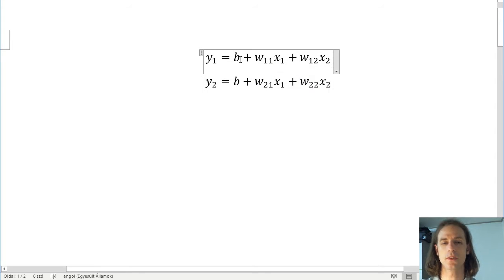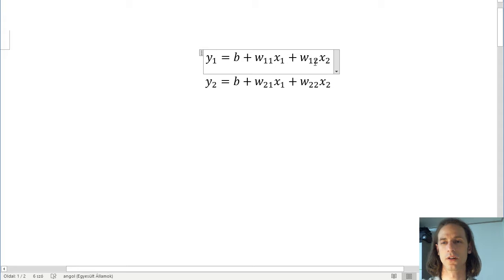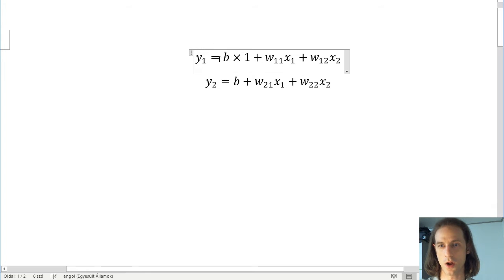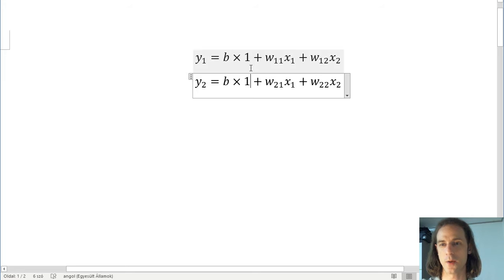In some cases, if you took the Coursera course for basic machine learning, you can implement this as a full vector multiplication, and you just say that b is always multiplied by 1, and so you make a quasi vector from x1 x2, which will include 1, x1, x2, and multiply that with a vector of b, w11, w12.